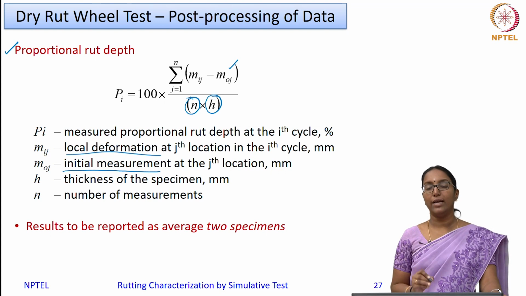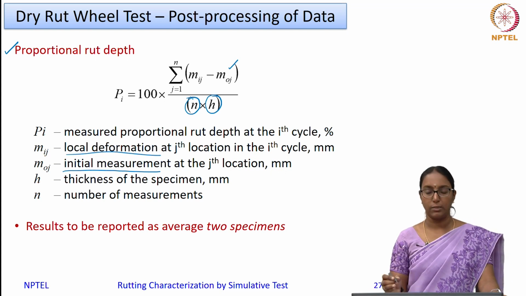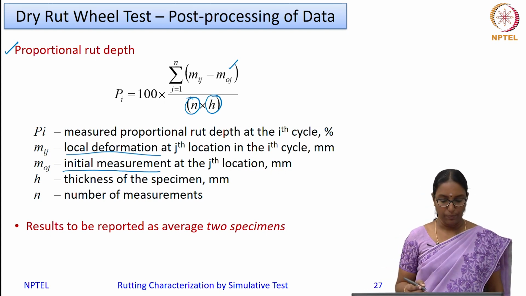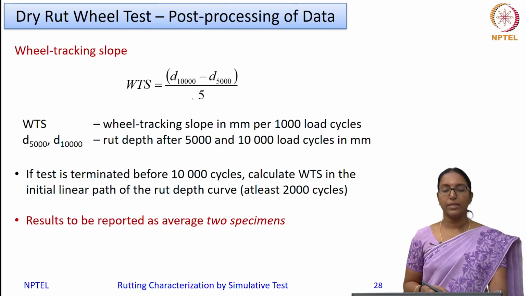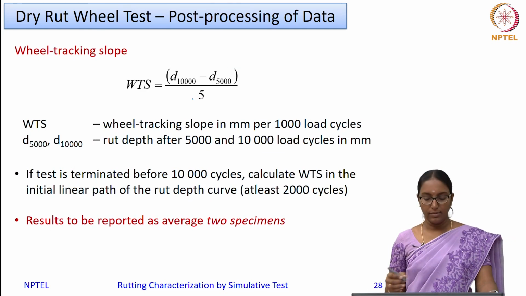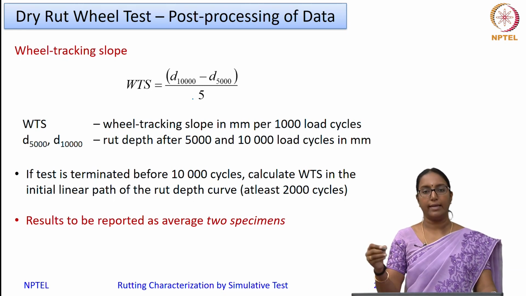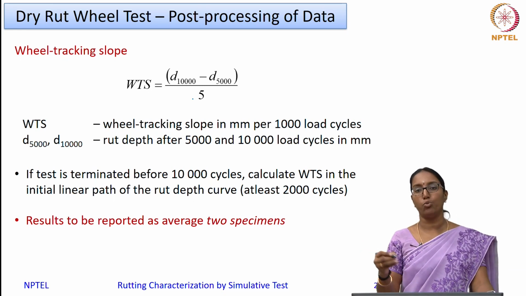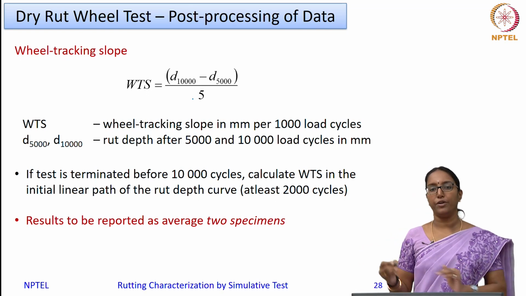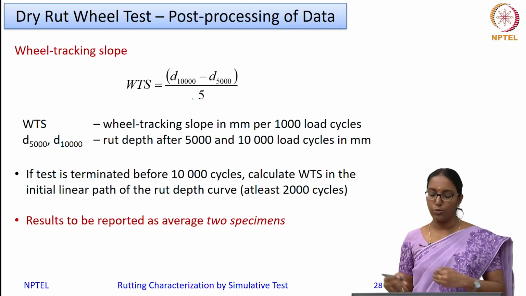And again, this value has to be computed for both the test specimens, and you can take the average. And the second aspect that you collect is the wheel tracking slope. So, this essentially is the slope of the rut depth progression towards the end of your test cycles, or towards the last 5,000 test cycles.